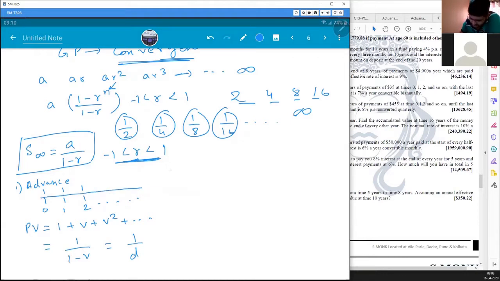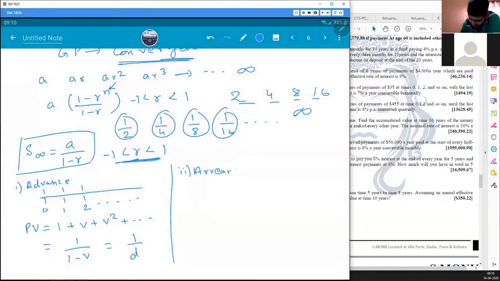I'll do this for arrears. Yes, we also write this as a-due-infinity, because we are going for an infinite number of years.